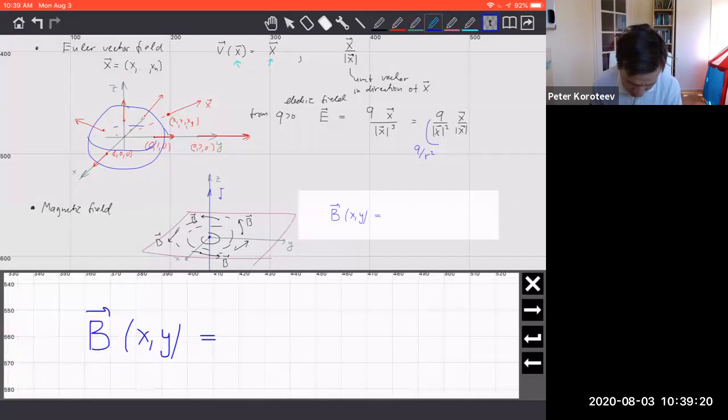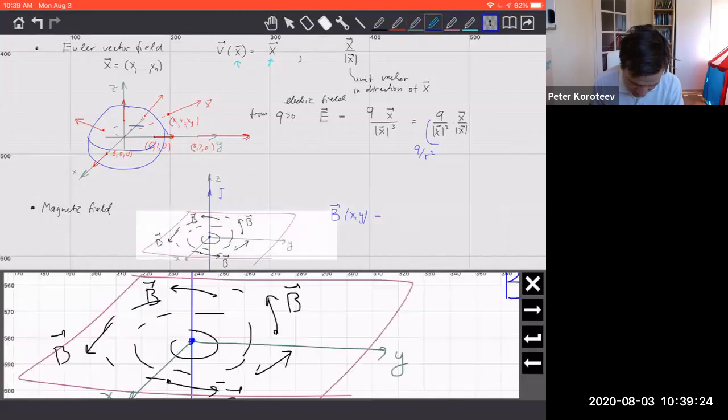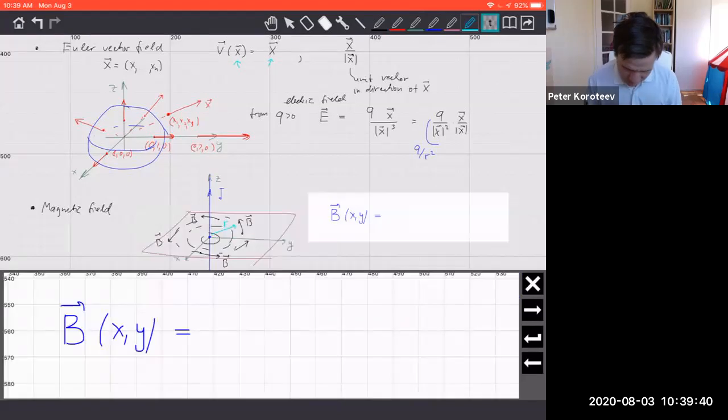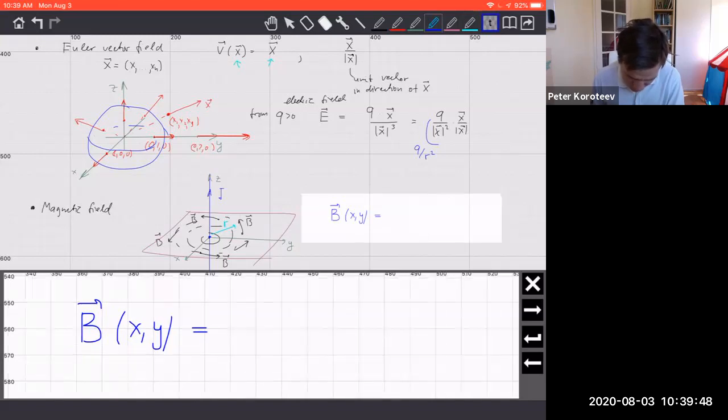First let's pick a circle of radius r, and then we want to write a formula.